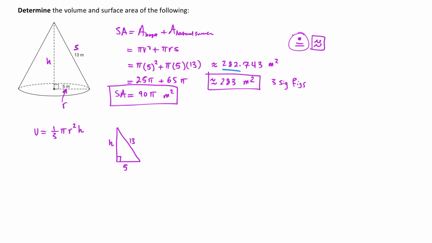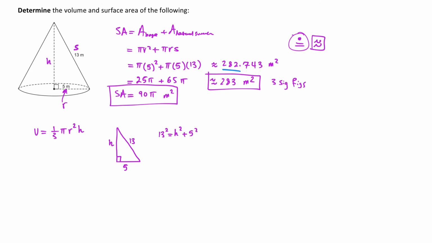And using the Pythagorean Theorem, I can just say that the hypotenuse squared, which is 13 squared, is equal to the sum of the 2 sides squared. So h squared plus 5 squared.